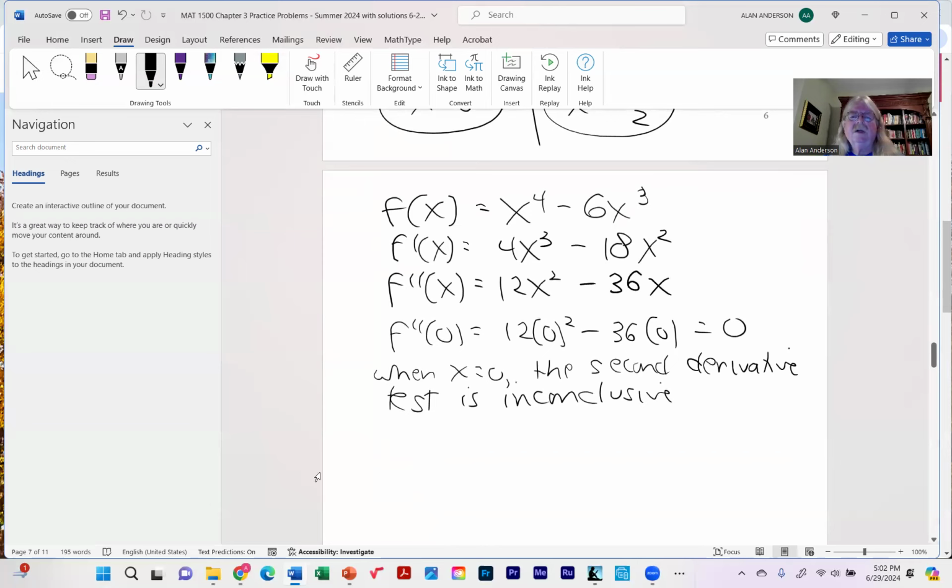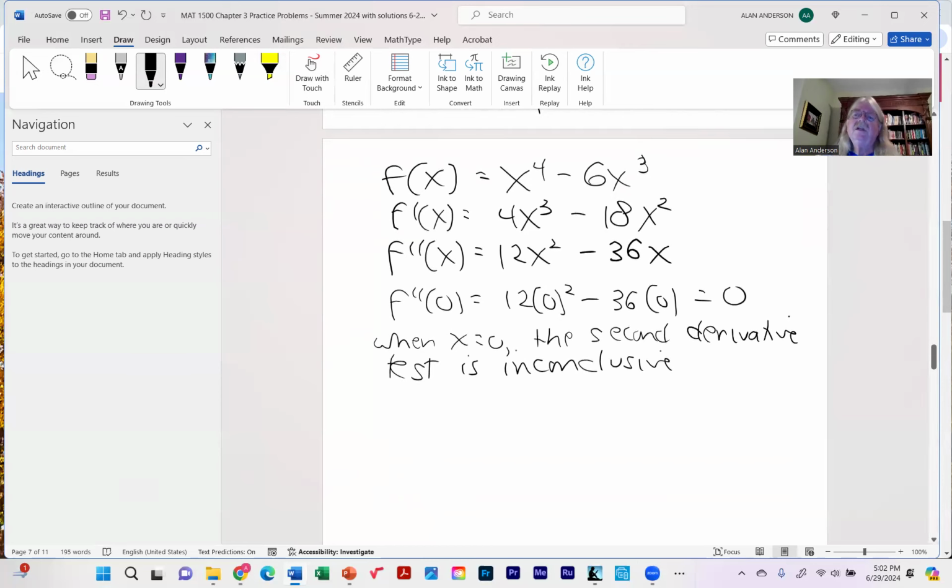All right, so now what we could do is turn around and try the first derivative test, since the second derivative test failed. I mean, it was a great idea, but it was inconclusive. That's one thing that can't happen with the first derivative test. It always gives us a result. So let's try this. Since the point is 0, let's try a point to the left of 0.